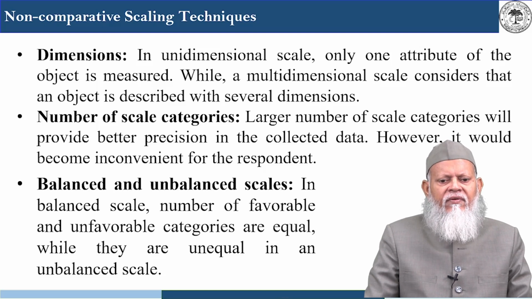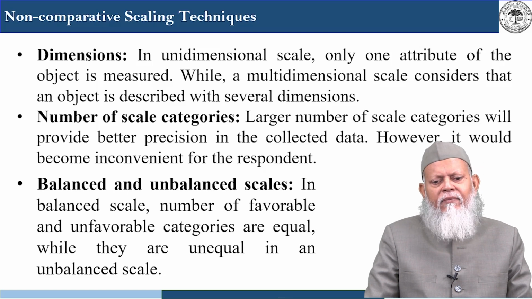However, for the respondent, it would become more and more inconvenient, and we have to keep a more convenient scaling for the respondent, so that he is willing to give responses. If we make the scale tough and inconvenient, then the respondent may not feel cozy, and he may not cooperate with the researcher.